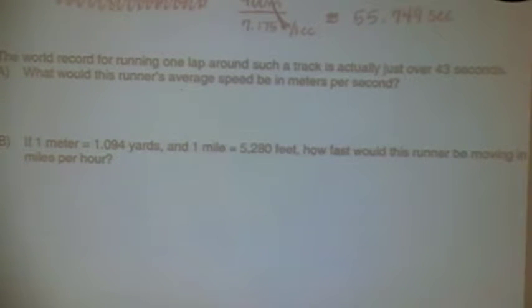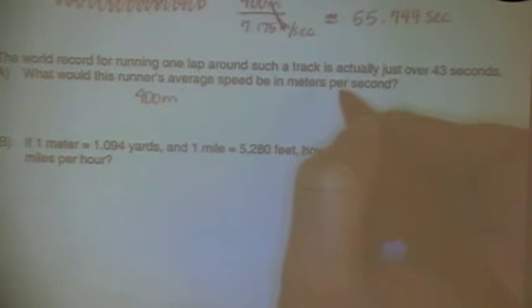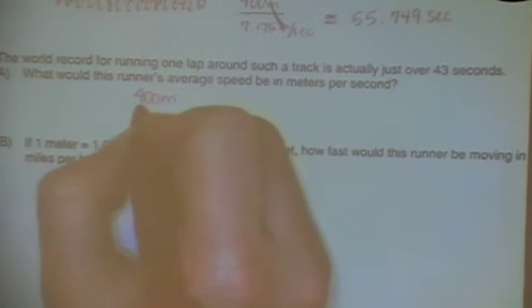This time we have 400 meters, and we need to end up in meters per second, so we're going to divide by 43 seconds. That gives us meters over seconds, and you get 9.302 meters per second.